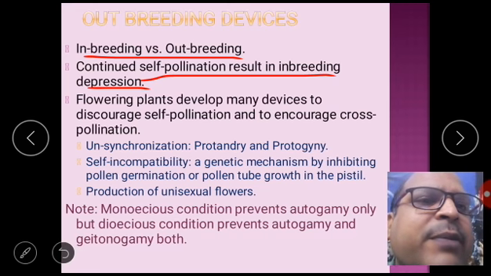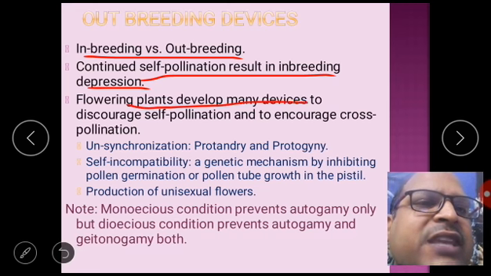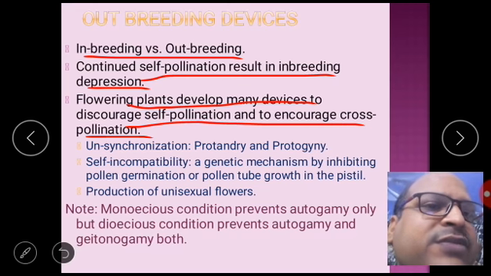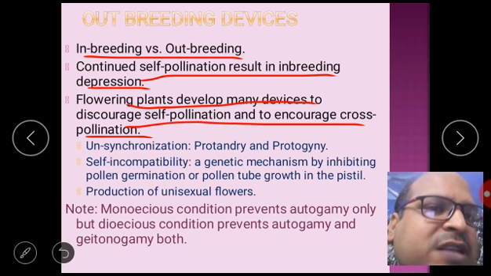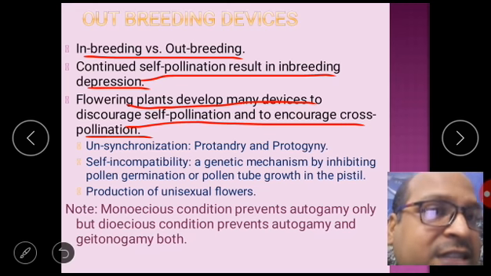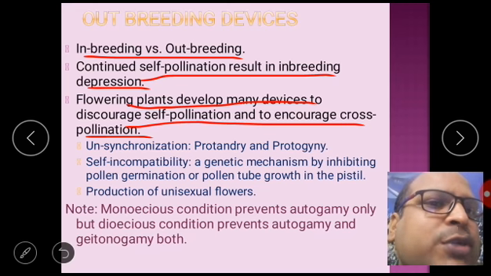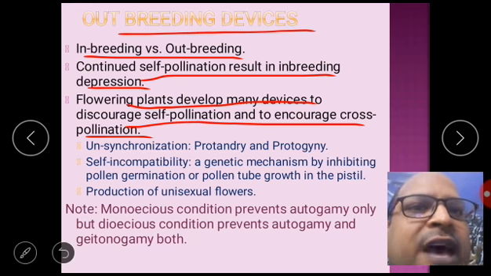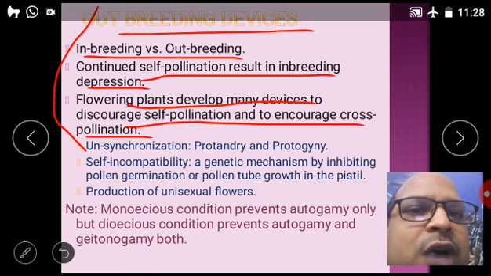Now, flowering plants develop many devices to discourage self-pollination and to encourage cross-pollination. If productivity is reduced, what does the plant want? The plant wants self-pollination to be discouraged and cross-pollination to be encouraged. For this there are some outbreeding devices, so we have to learn these now.